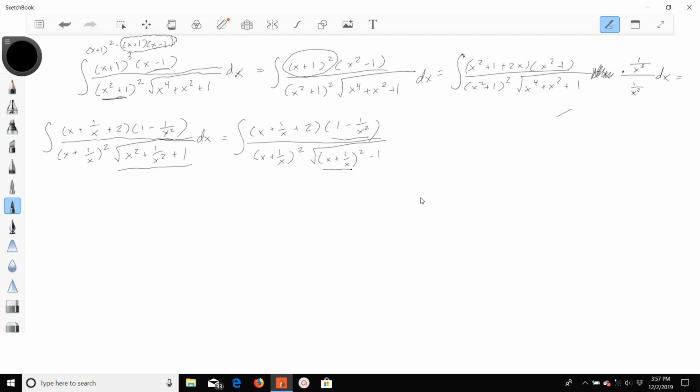So in other words, it would be a very good idea to let u be equal to x plus 1 over x, because then du is 1 over 1 minus x squared dx, and from that we get the integral of, I used t in the last step, u plus 2 over, yeah, u plus 2, and then this right here is du, so there's our du, and then we get a u squared square root u squared minus 1.